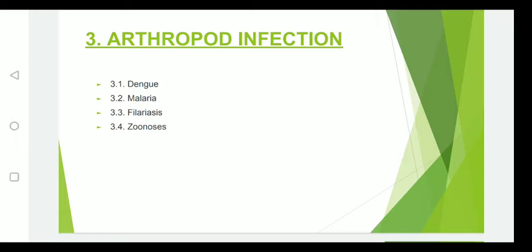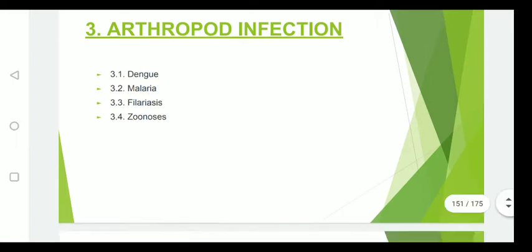So an arthropod infection means an infection which is caused by insect bites.